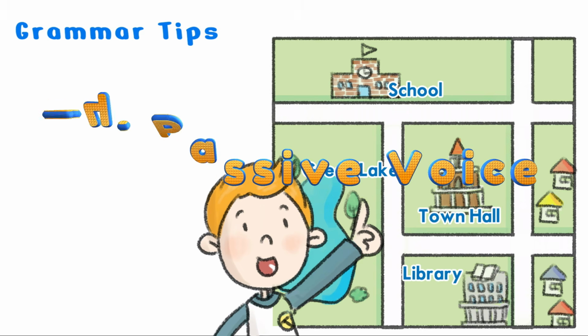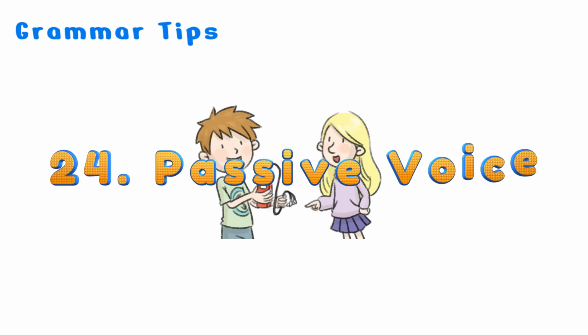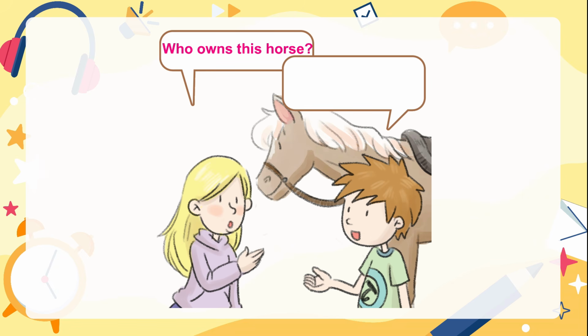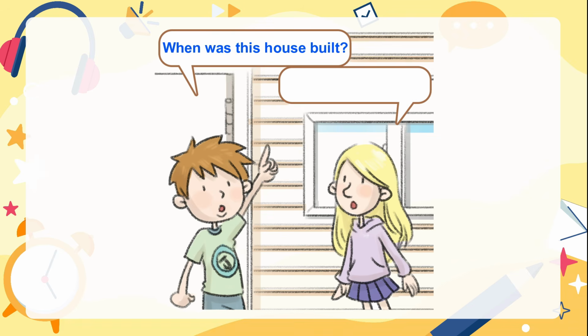Passive voice. Who owns this horse? This horse is owned by Mrs. Johnson. When was this house built? It was built in 1977.